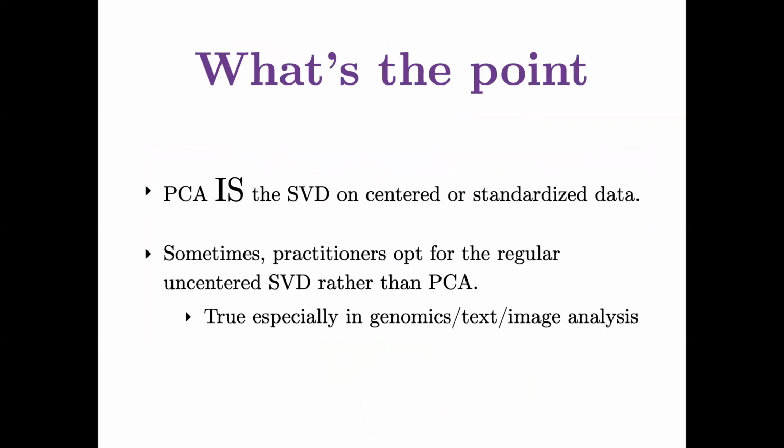And the main point I want you to be picking up on here is that principal components is the SVD. It's the singular value decomposition on centered or standardized data. Now, if you don't center or standardize your data matrix X, you can still perform the SVD. But what you talk about in that scenario can't be variance, because variance involves the sum of squared distances to the mean.